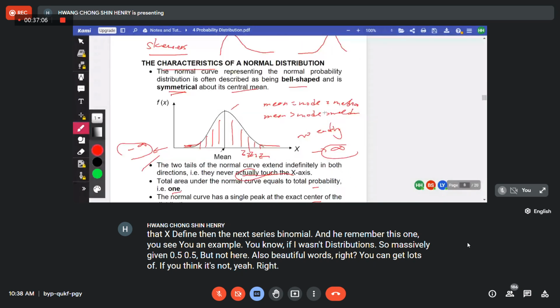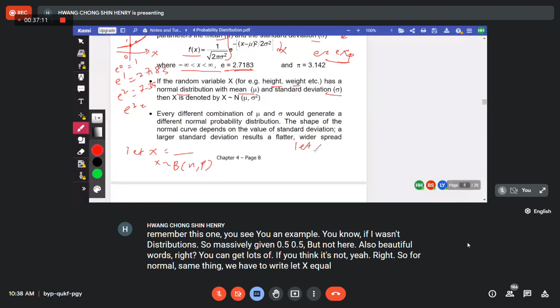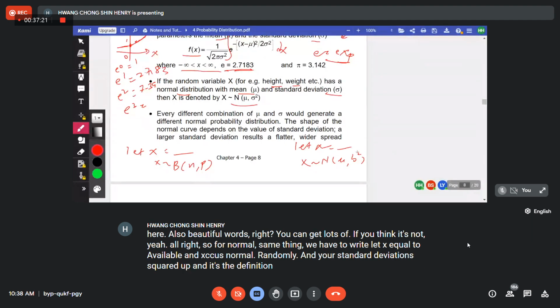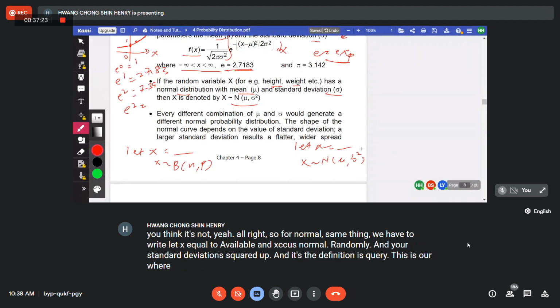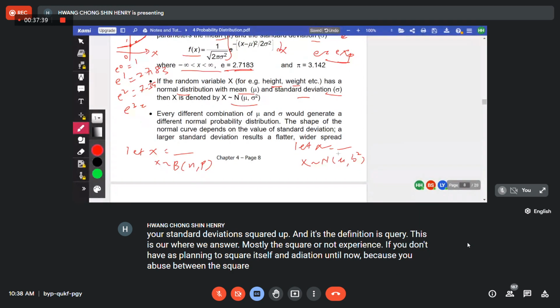Alright, so for normal, same thing, we have to write let x equal to the variable, then your x is distributed as normal, write the mean, and your standard deviation squared. When the standard deviation is squared, this is our variance. Those with the square is variance. If you don't have a square, it is your standard deviation. Until now, some people still confuse between the mu and the x bar.